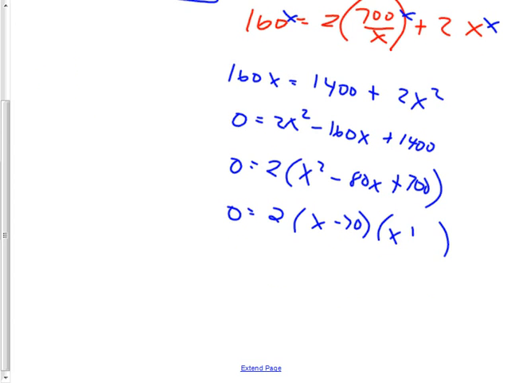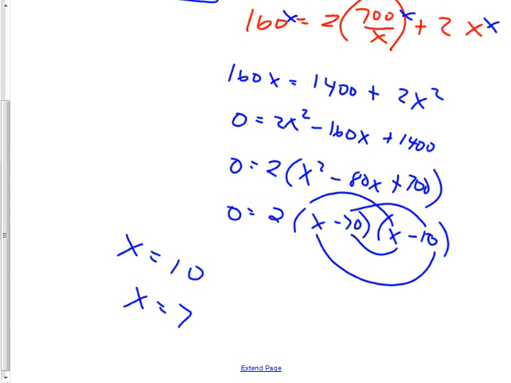Negative 70 and negative 10. Negative times negative is positive, so I'm going to check first, make x squared, that's good. Outside and inside, make negative 80x. Last, make positive 700. Yay, it worked. Now I've got two answers. X equals 10 and x equals 70.